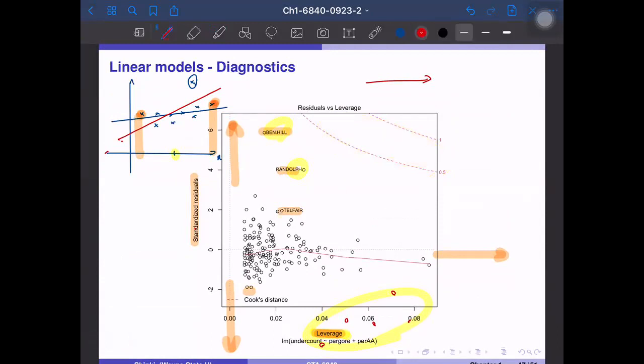You can see that here, the 1 and negative 1 and 0.5, and we will have the similar line this side, also maybe 0.5 and 1. And these are contour plots for Cook's distance. So basically, the larger the Cook's distance is, then that point has more influence on the regression line.